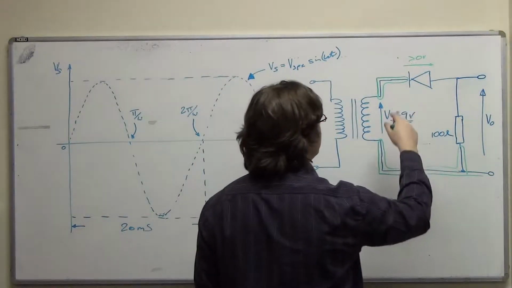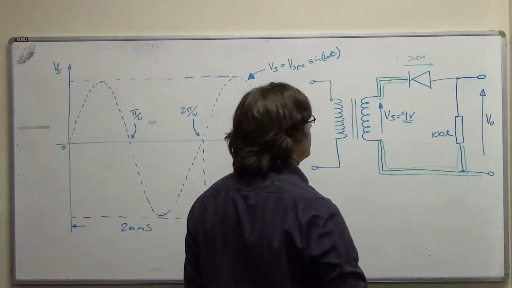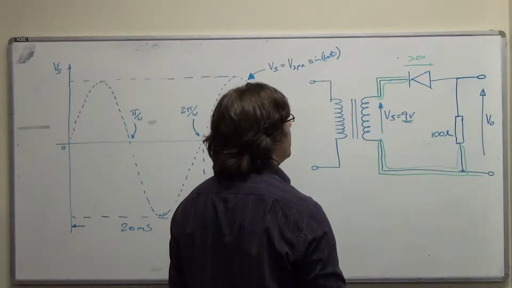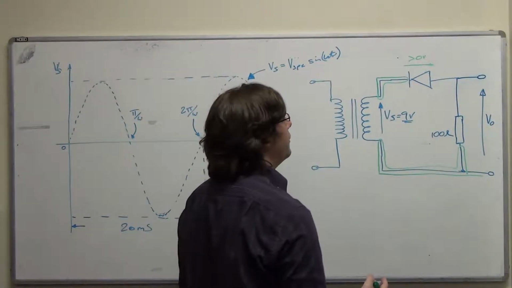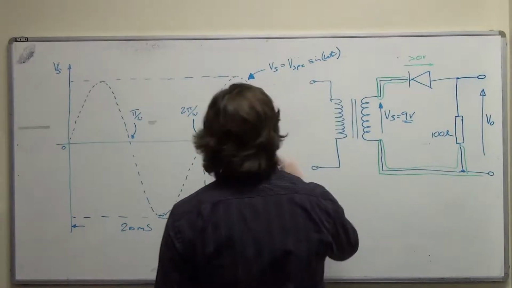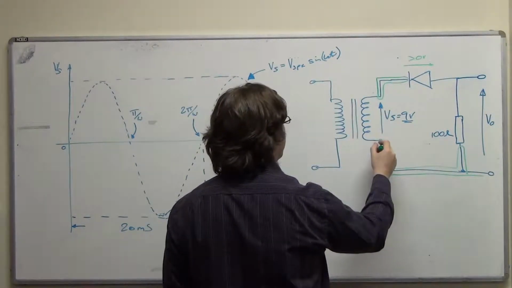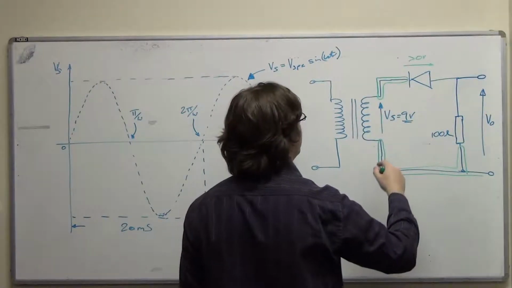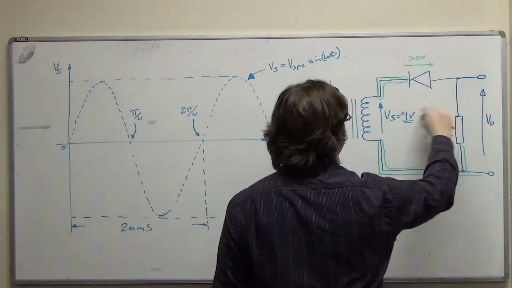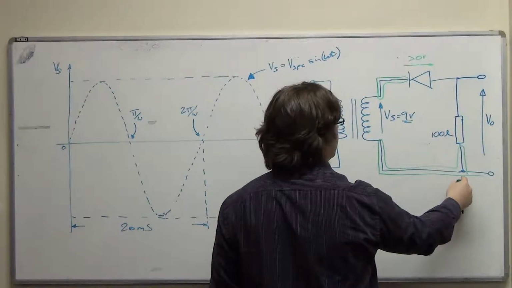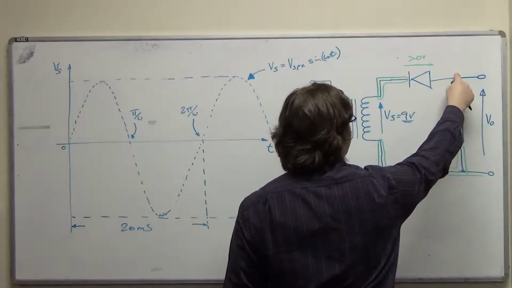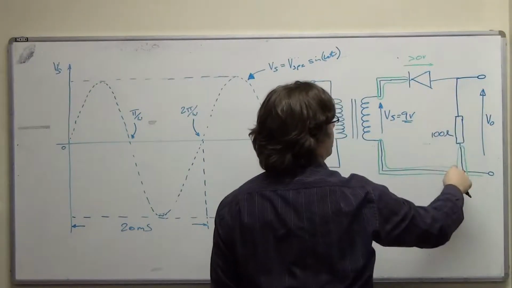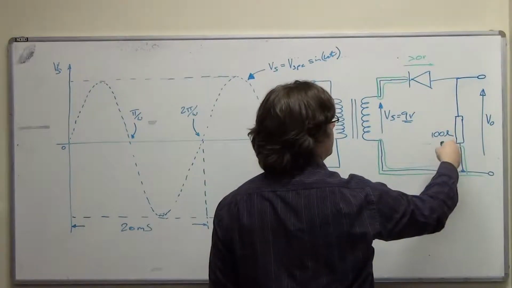So there's no current flow because the diode is not there. What will the voltage be across the diode, or where the diode would have been, if this end is getting bigger with respect to this end of the transformer secondary? Well, there is no current flow, so this node must be at the same potential as this node, because there's no current to flow through the 100 ohms, so there's no voltage dropped across it.